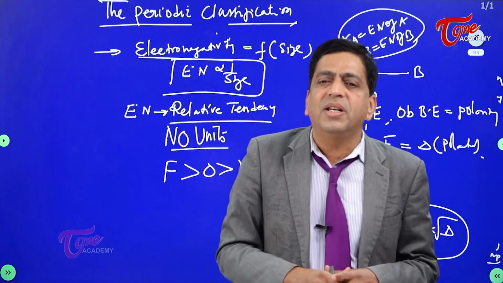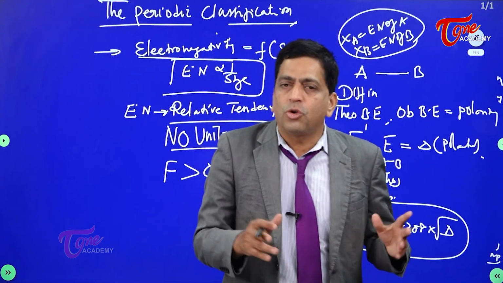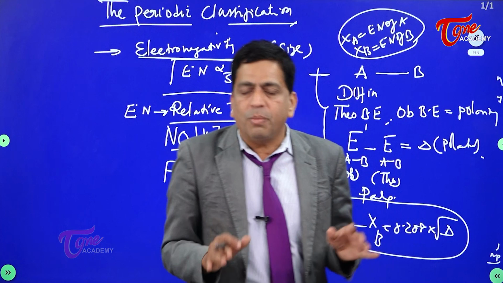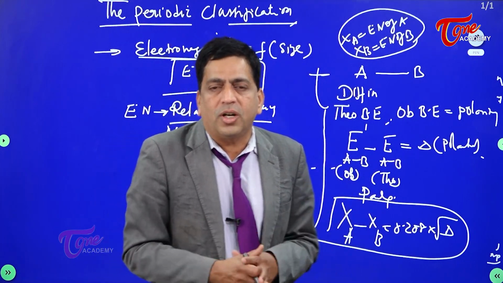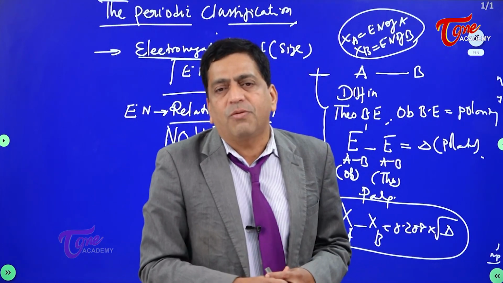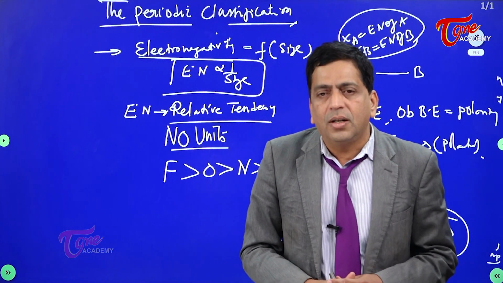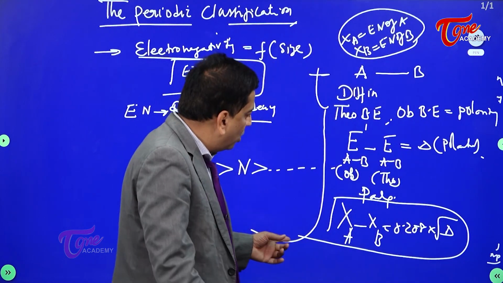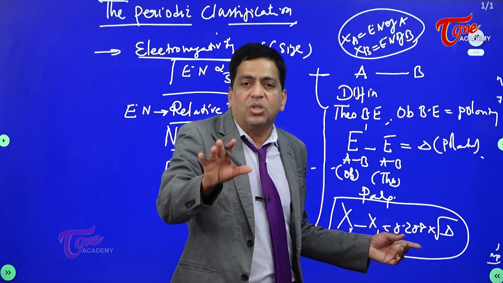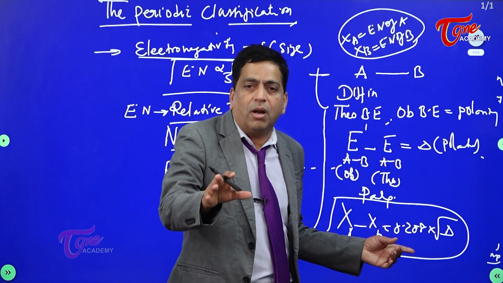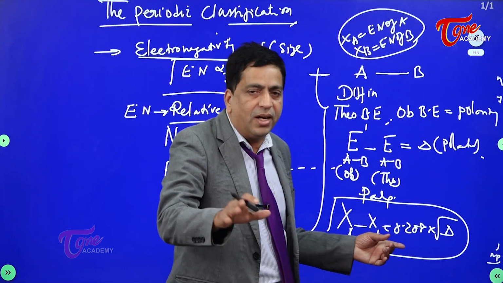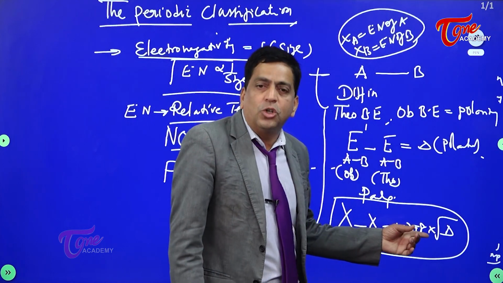That is, the unequal sharing of the bond pair. The details have been given in the subtopic. If you want to revise that, you can, but in this single page document, understand that which of the following is Pauling's equation is a question I have seen in the exam. Pauling's equation is XA minus XB, the difference in electronegativities of both elements in a bond, because it's a relative tendency, which is 0.208 into root delta.